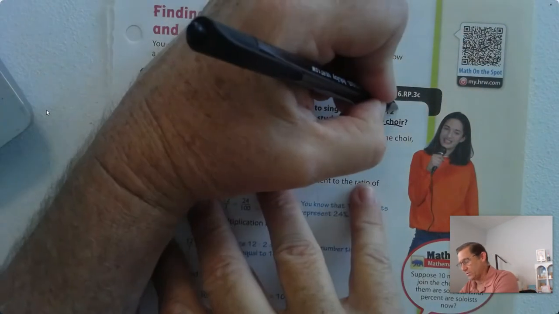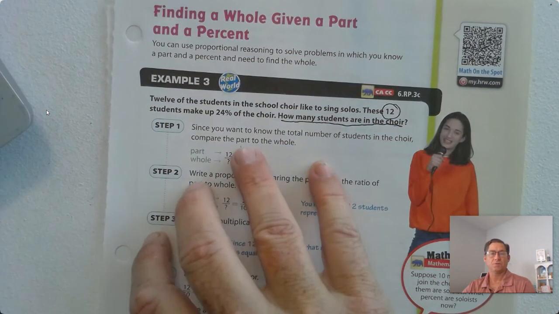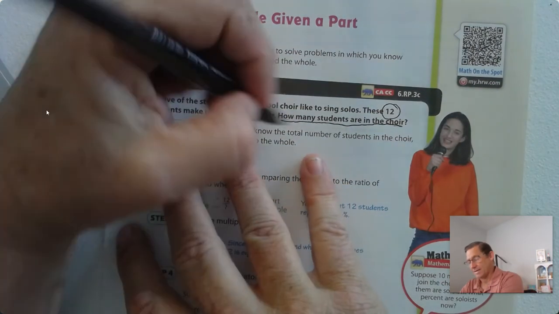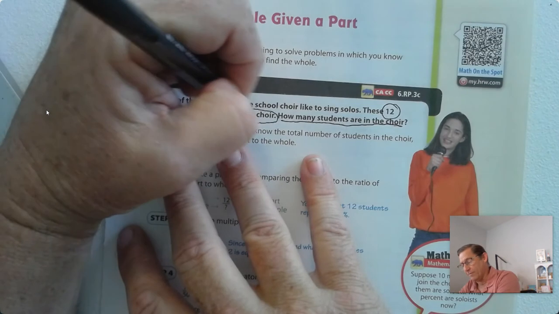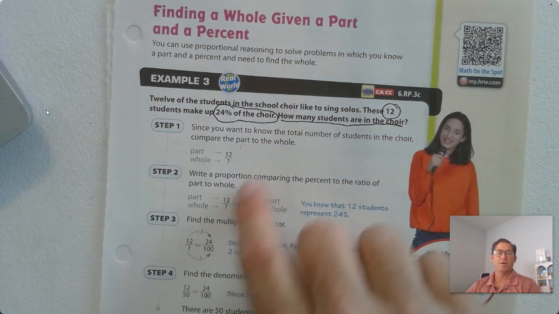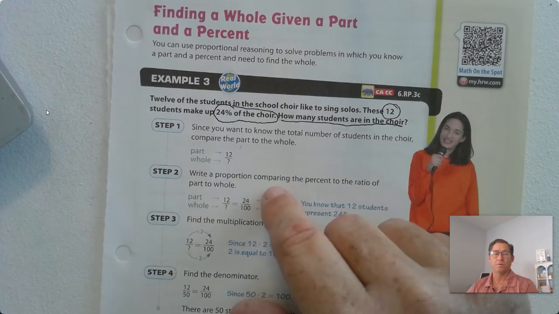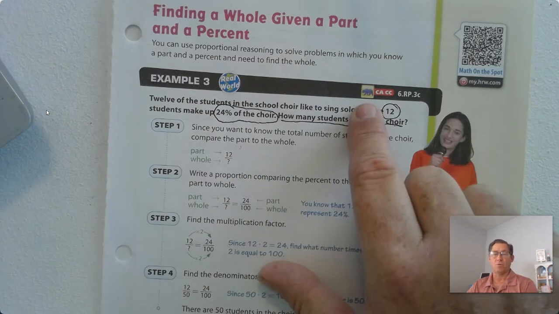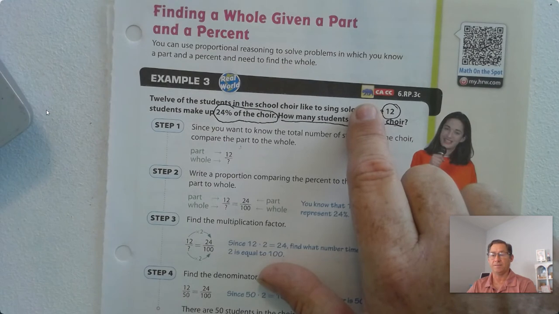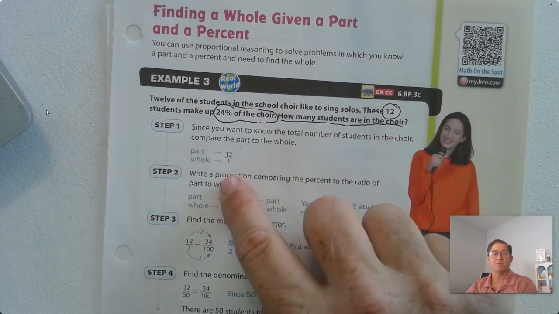Well, we know 12 students like to sing solos. That's 24% of the whole choir. Since we want to know the total number of students in the choir, compare the part to the whole. The part is 12. That's not the total number of students in the choir, right? Only 12 out of all of the students in the choir like to sing solos. So the whole is missing.